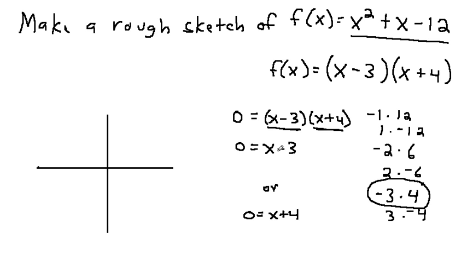If I solve this equation for x, adding 3 to the other side gives me that x equals 3. If I solve the other equation for x, I will get that x is equal to negative 4.